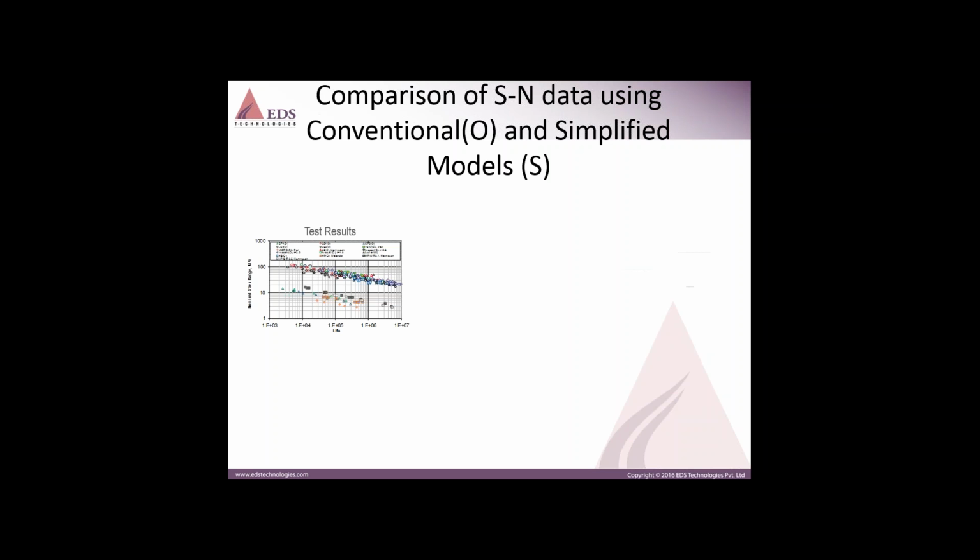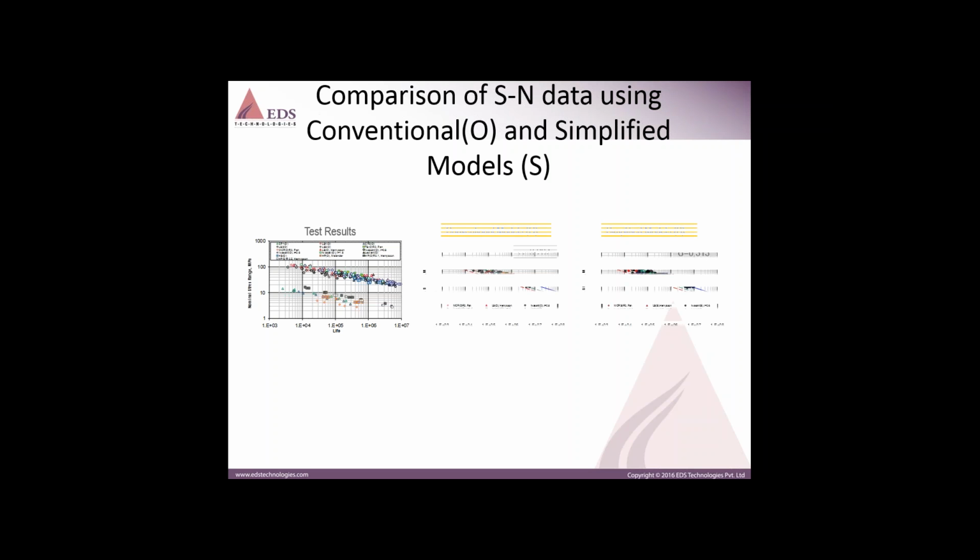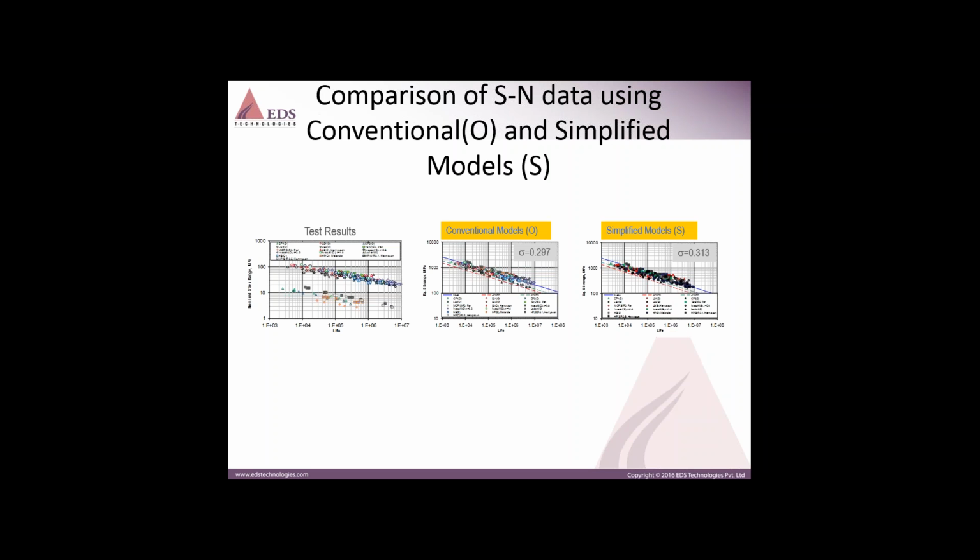If you use the conventional model, you can see that everything lies very neatly on the line, and the scatter is very small. The same is actually true for the simplified model also. Either of these is entirely adequate, and the simplified model can replace the conventional model.